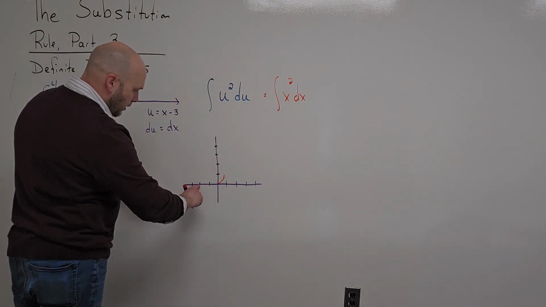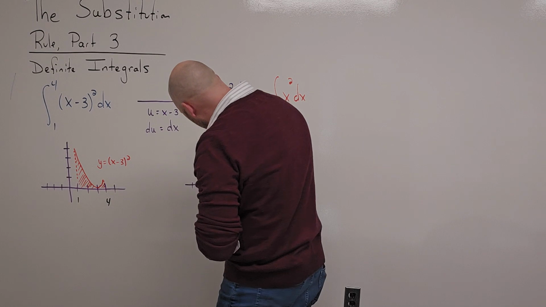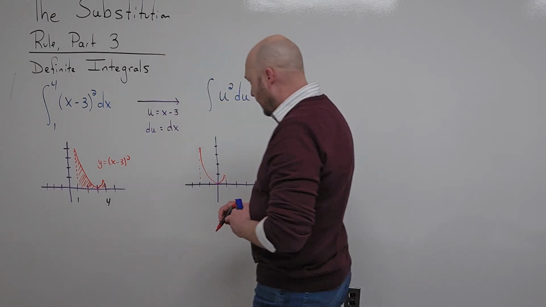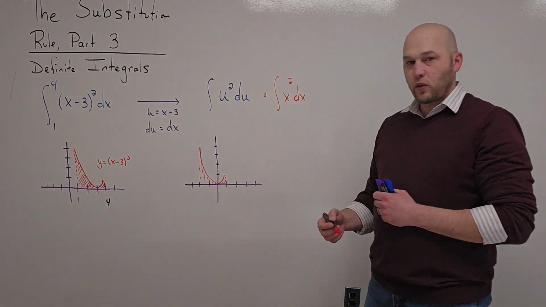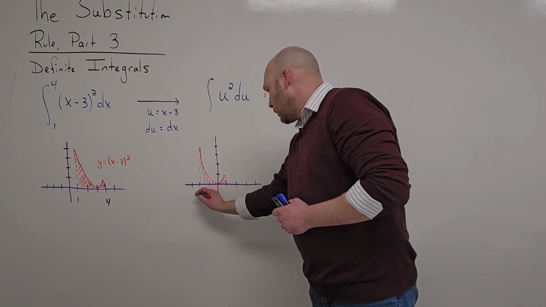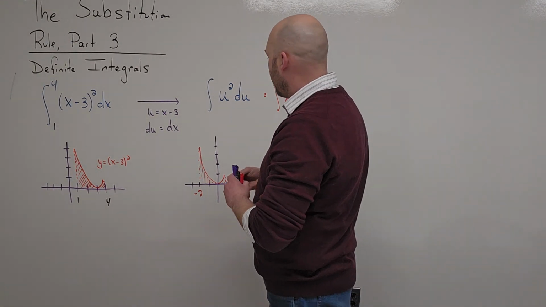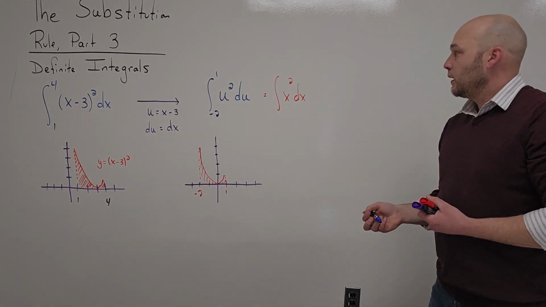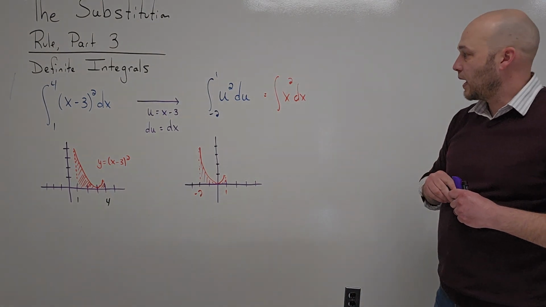So that's going to go back here, and it's going to go up 4, which would put me about right there, which means my graph would look like that. And if you look at the area bounded by the curve and the x-axis, if I just shift the whole thing 3 units to the left, my new region of integration is bound between -2 and 1, which means my new limits of integration are from -2 to 1. Then we would integrate this and use those 2 values as our evaluation as my last step.